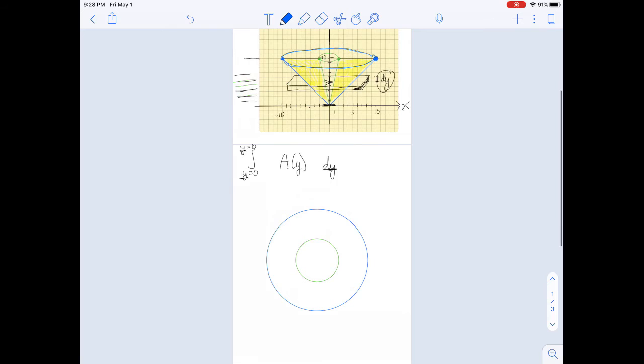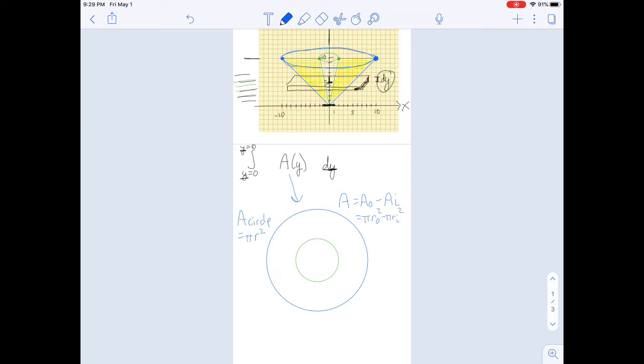I need to find the area of this, and back to our earlier mathematics, we know that the area is going to be the area of the outer circle minus the area of the inner circle. And I have to remind myself that the area of a circle is pi r squared. So I'm going to need to know something about the outer radius and the inner radius.